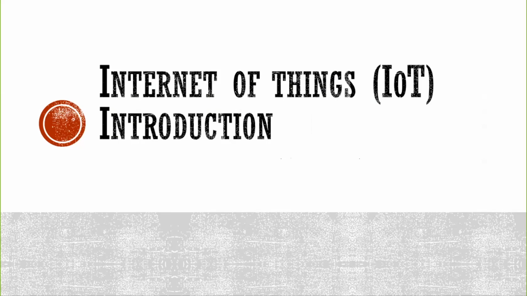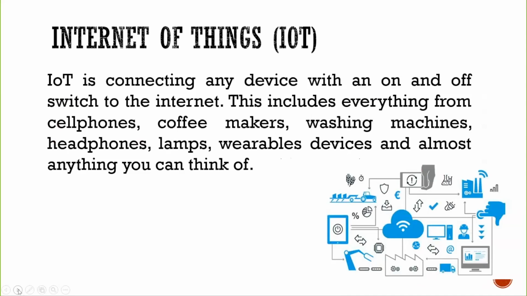Internet of Things, introduction. A simple concept that we have for Internet of Things is basically connecting any device with an on and off switch to the Internet, or these devices can be connected to each other. This includes everything from cell phones, coffee makers, washing machines, headphones, lamps, wearable devices, and almost anything you can think of.